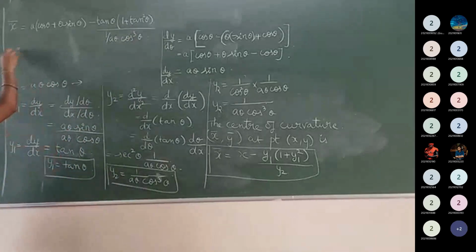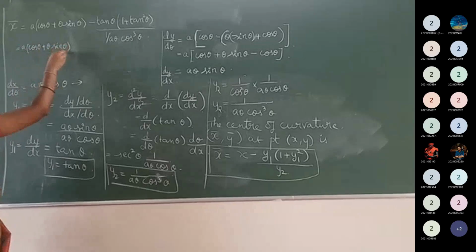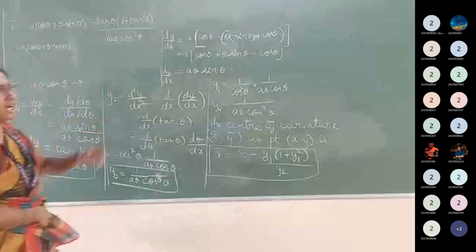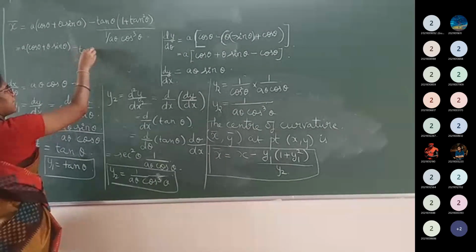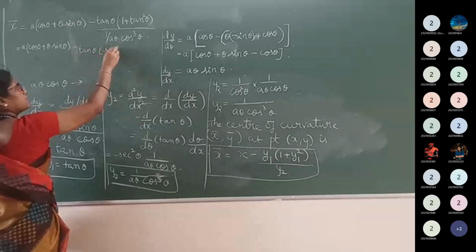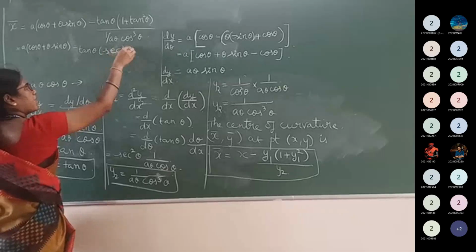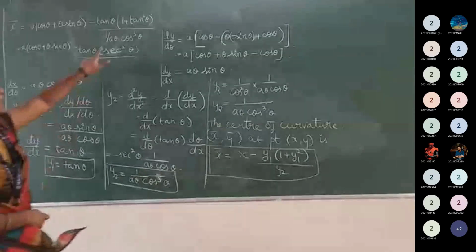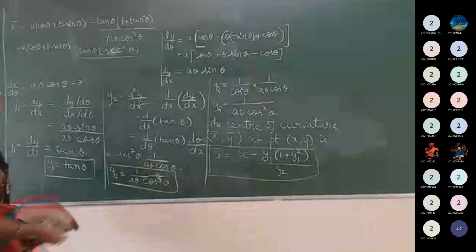So a into cos theta plus theta sin theta, minus tan theta into secant squared theta (1 plus tan squared theta is your identity, secant squared theta) divided by, I take it to the numerator, so it will become a theta cos 2 theta.